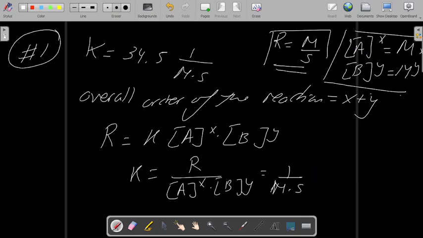R has these units, M divided by S. Great. The concentration's units are M to the X multiplying M to the Y.